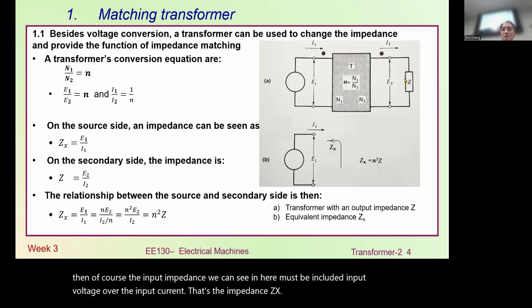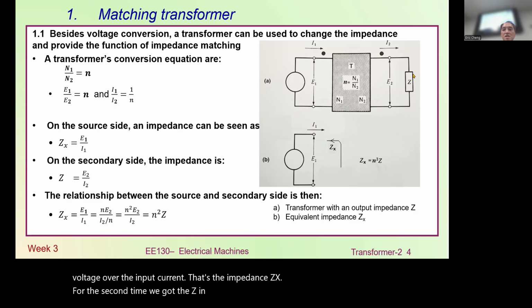For the second side, we have Z here, so this impedance must equal the E2 voltage divided by its current. If we put these two equations together, we can build a new equation. That means the primary side impedance and the second side impedance are related by N squared.